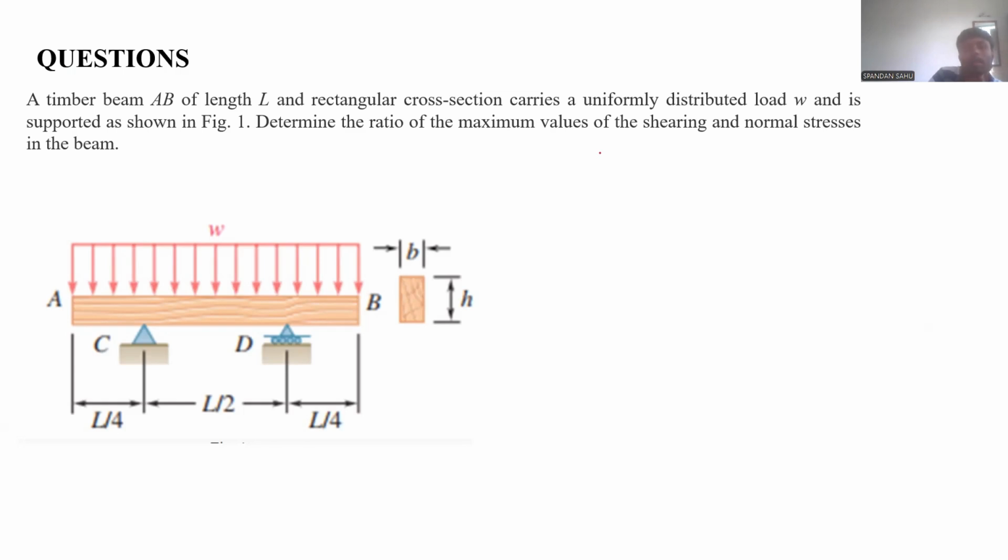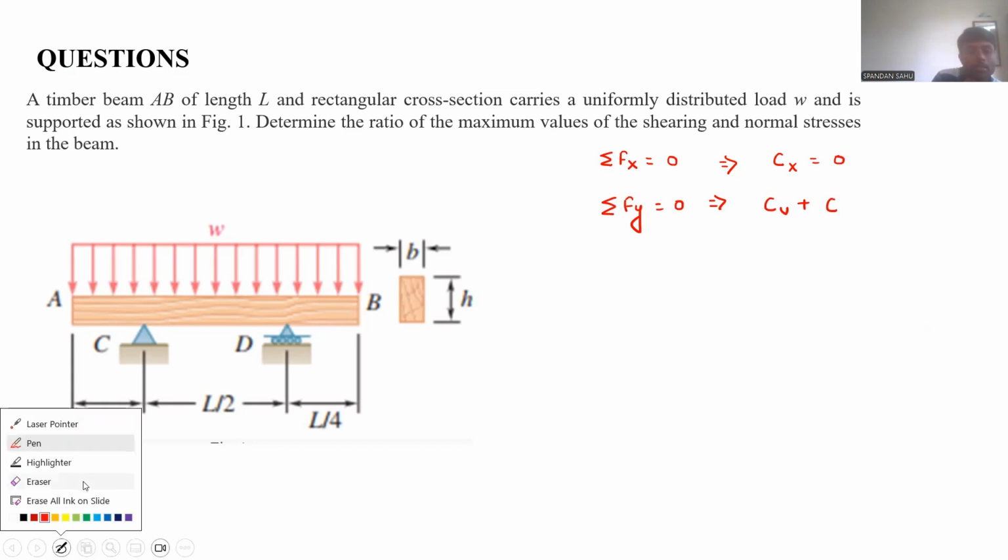So now, if we use the equations of equilibrium, we can write summation of Fx equal to 0. So from here, you will get CH or Cx equal to 0. Similarly, if you write summation of Fy equal to 0, you will get Cv plus Dv equal to 0.